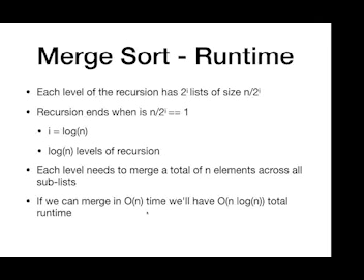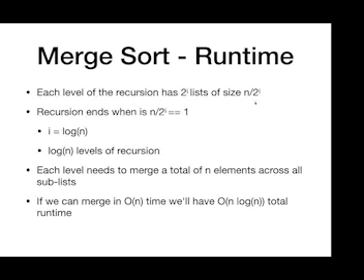To get that linear work at each level, we have to write merge in a way that has linear runtime in terms of its inputs. The total size of each layer is going to be 2 to the I times n over 2 to the I, which is just n.